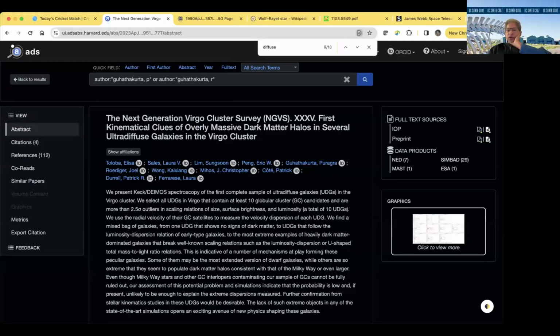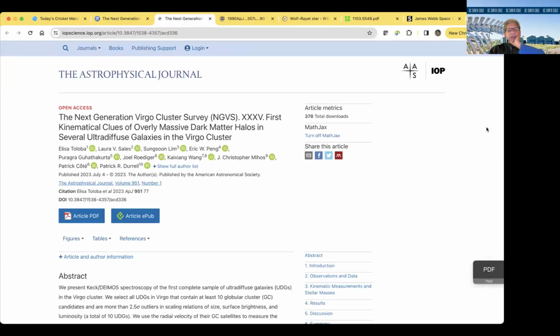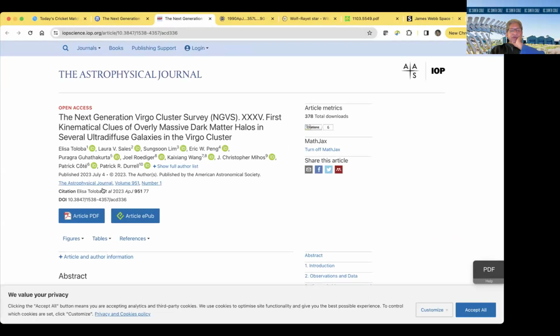So folks who are on the call, I wanted to show you a paper that Elisa wrote recently on these kinds of galaxies that we're studying tonight. I can't share the instrument control software, but we can look at the paper.